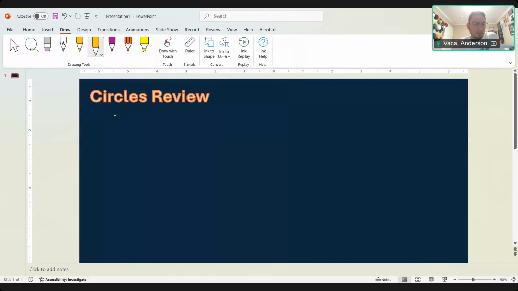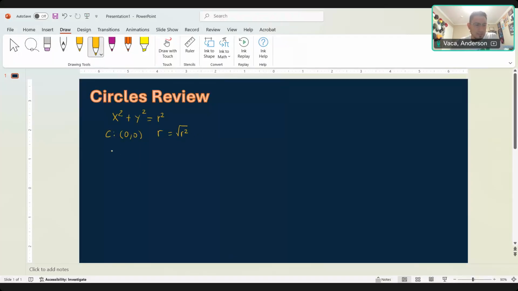So let's start off with the equation of a circle that is centered at 0, 0 with the radius of r, given by this equation. So the center will be 0, 0, and the radius will be equal to the square root of r squared.